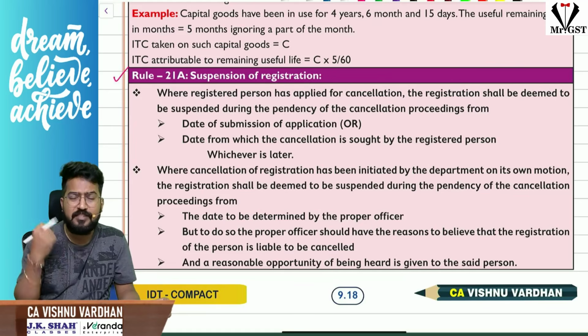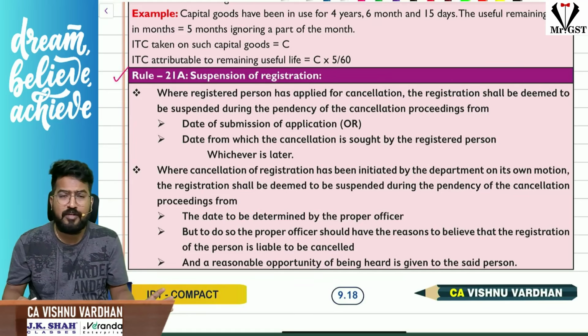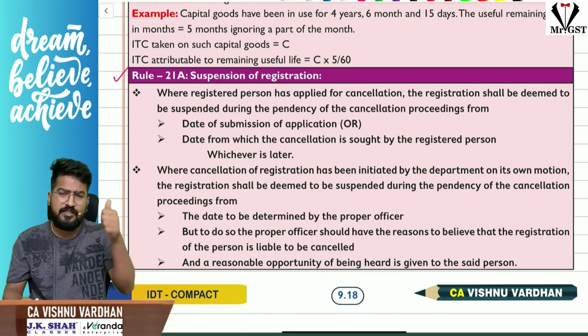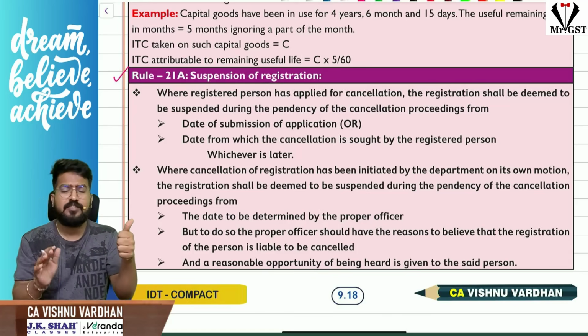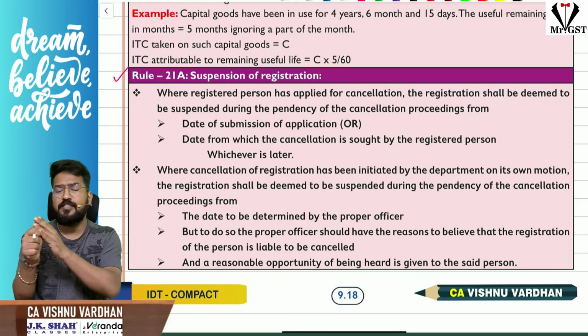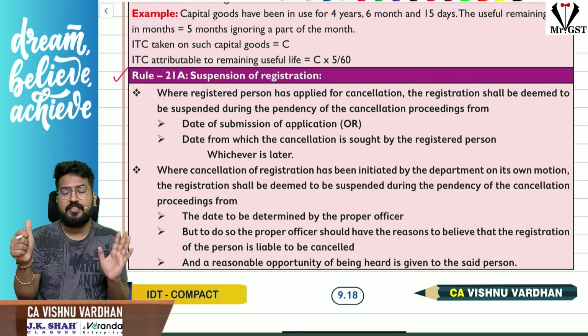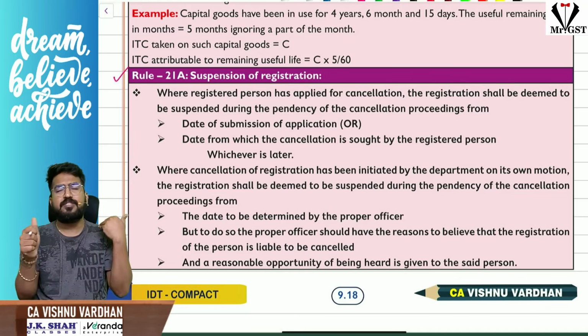Now, sir, when will this suspension be revoked? Once cancellation proceedings are over, either your cancellation is proper, so they will finish the cancellation and the suspension itself will not be there anymore. Or they have decided that your registration is not liable for cancellation. Then your suspension will be revoked.